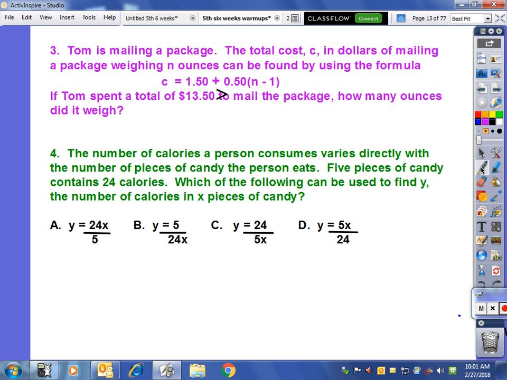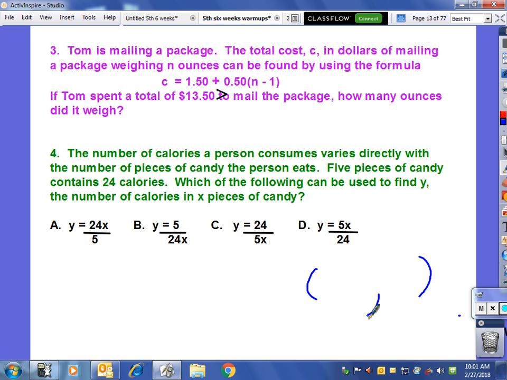Does candy depend on calories or calories depend on candy? The number of calories you eat depends on how much candy you put in your mouth. So what's the X? Candy. You choose how much candy you want to eat, and the more candy you eat, the more calories you are also consuming. So you are inputting candy and outputting calories.